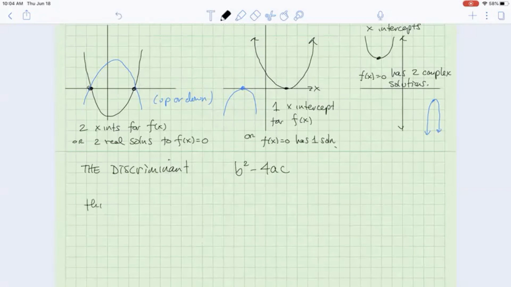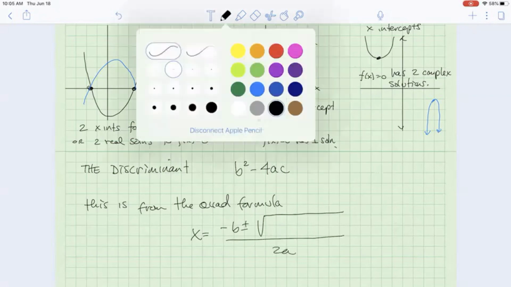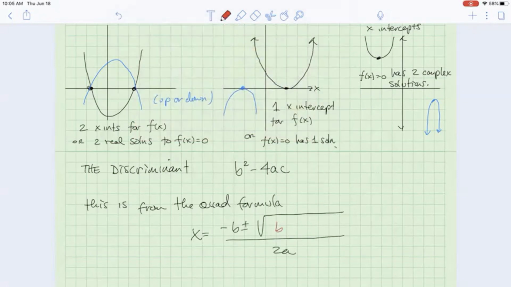So this is from the quadratic formula, x equals negative b plus or minus the square root all over 2a, and this is just simply the piece under the radical.